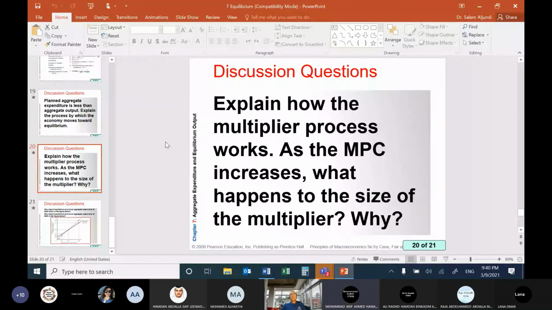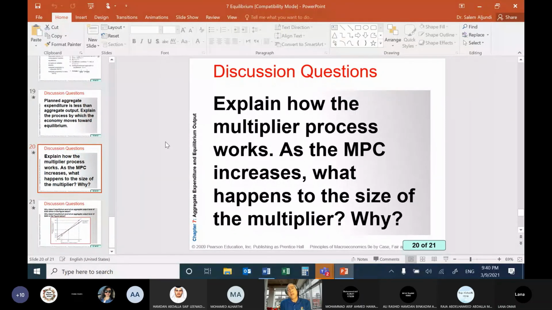Explain how the multiplier process works as the MPS increases. What happened to the size of the multiplier and why? Okay. So first, explain the multiplier process. Assume the government decided to spend an extra 25 million dirhams to give to Sheikh Abeid to build a new palace.